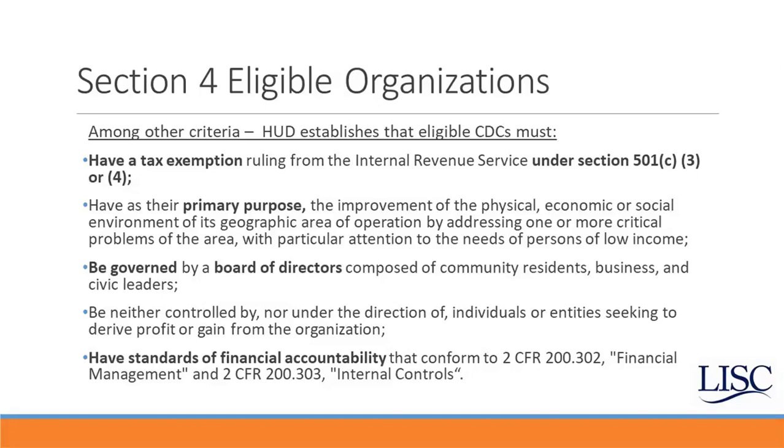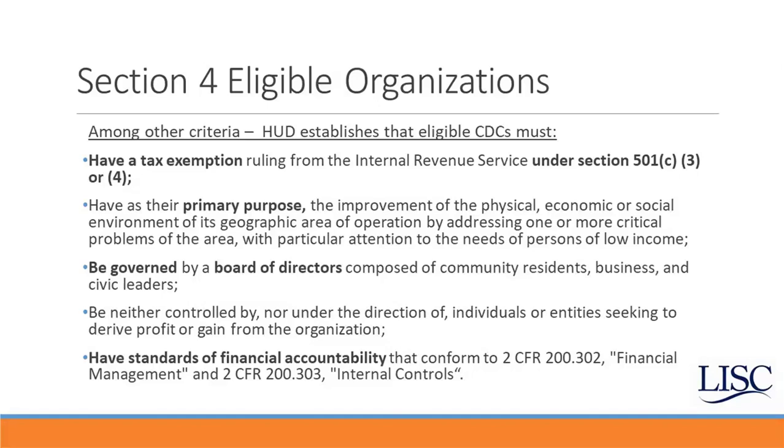So number one, an organization first and foremost must have a 501(c)(3) or (c)(4) status under the IRS. So that tax exemption is necessary. Additionally, their primary purpose, their services, mission, their work and activities must benefit low to moderate income people, as also described in the program's purpose.